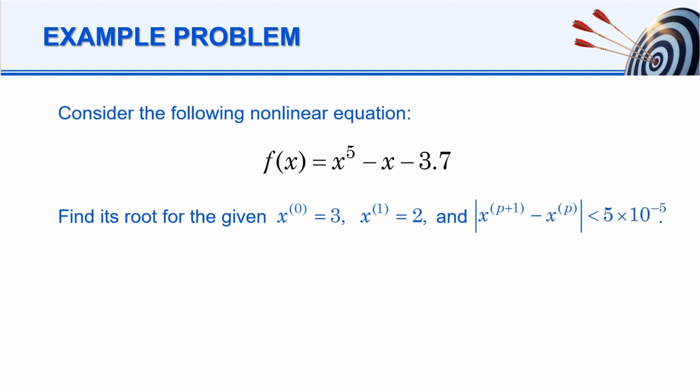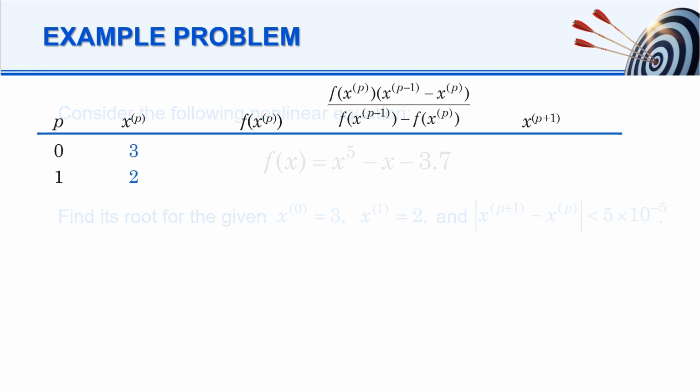Consider the following nonlinear equation. Find its root for the given initial guesses and stopping criterion. Two initial guess values are given as 3 and 2. We then calculate the ordinates as follows.